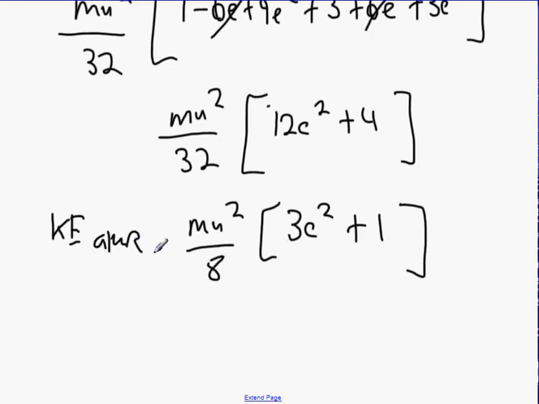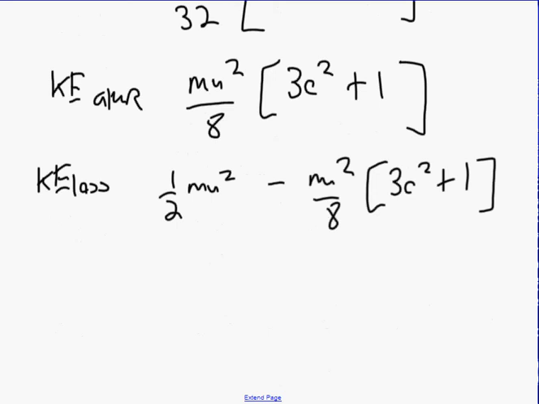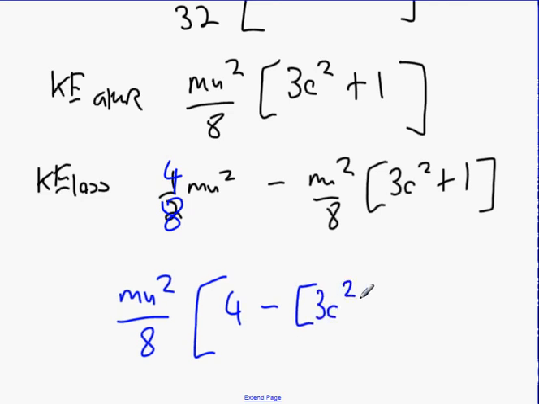Now that's the KE after. The KE loss would be before minus after. Before was a half mu squared. After is mu squared over 8 into 3e squared plus 1. Going to convert the half into 8s, so I'm going to turn it into 4 over 8. So I'm going to have mu squared over 8 into 4 minus bracket 3e squared plus 1.